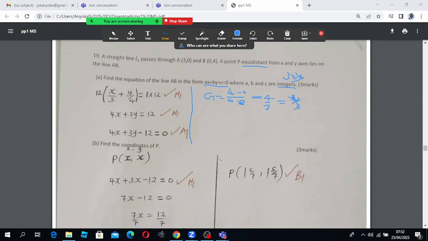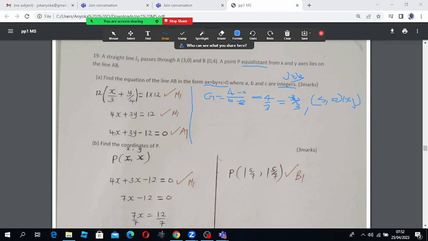Once we have the gradient, we can use the line passing through one of the points, 3, 0, and another point x, y.